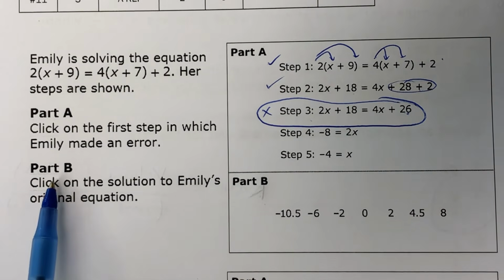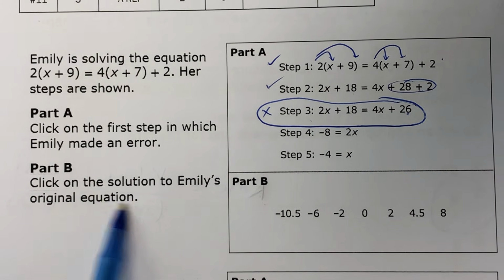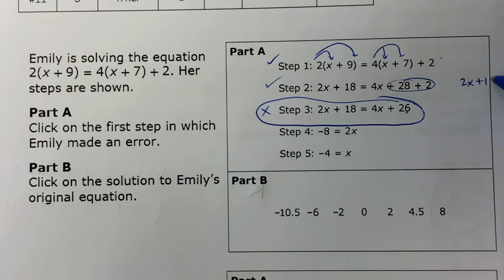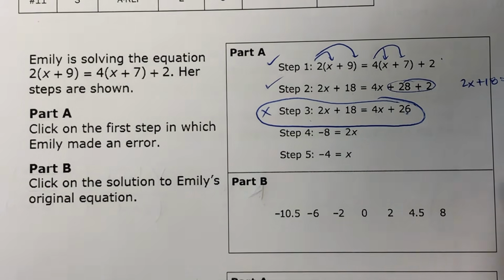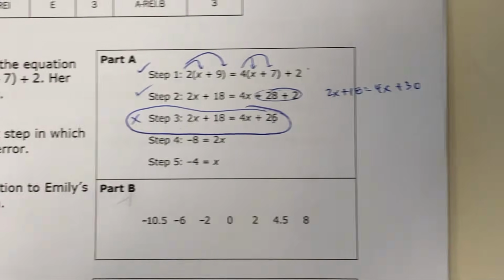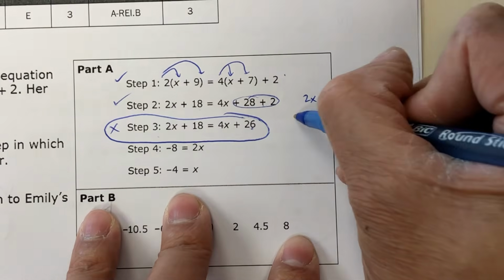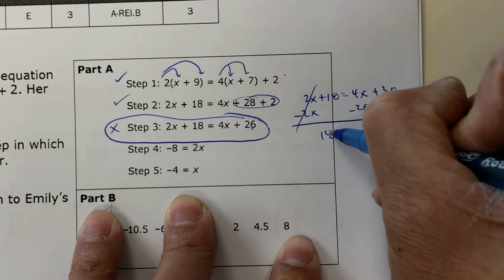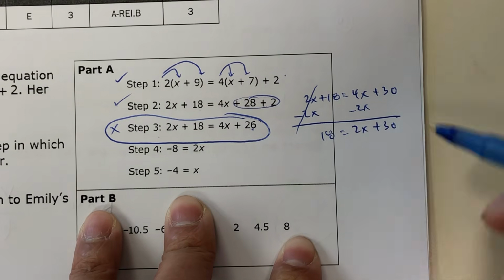Part B, click on the solution to Emily's original equation. So if I finish this problem, 2x plus 18 equals 4x plus 30. And I just need to solve that. You can subtract 2x from both sides. I get 18 equals 2x plus 30.